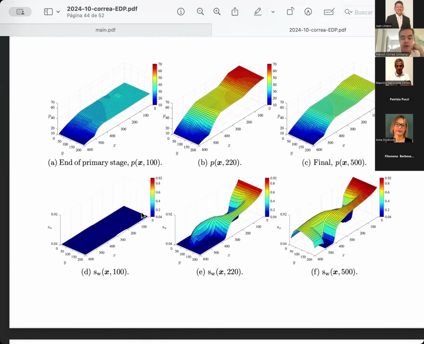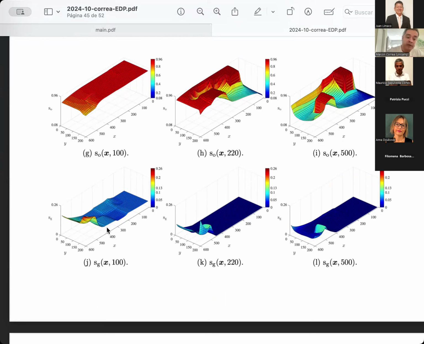Since you are depressurizing, the gas that's trapped in the oil is released. So you start creating gas everywhere because the pressure is dropping. But after you start injecting water, the pressure rises again, and the saturation of gas goes to zero. So the gas phase disappears.